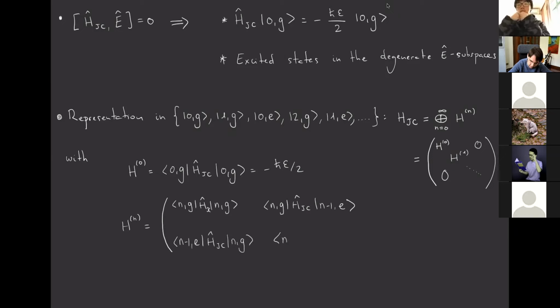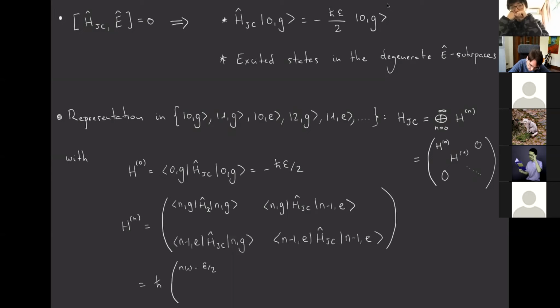And then here, the diagonal one. Okay. And in particular, the concrete expression of these matrix elements in the Jaynes-Cummings Hamiltonian is just something like this. Let me just write them down.